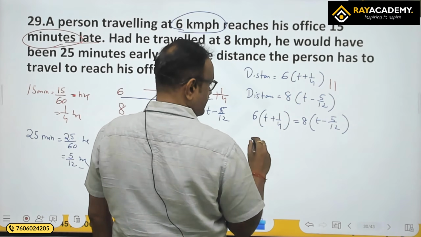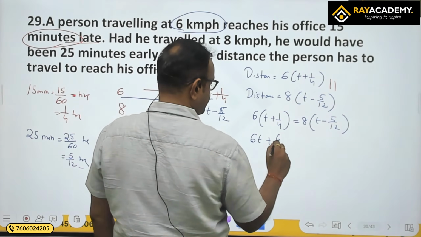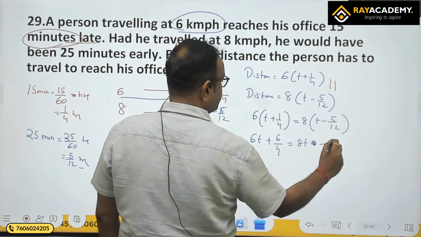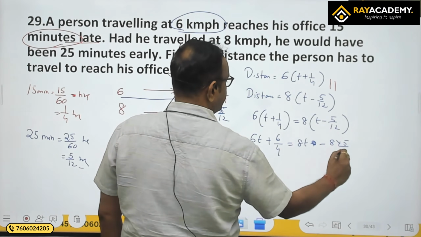So if you calculate, 6t plus 6/4 equals 8t minus 8 into 5/12.